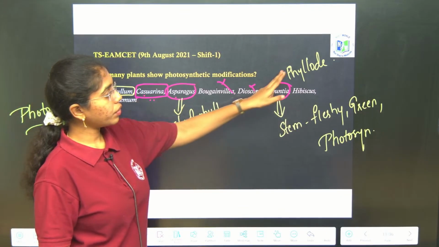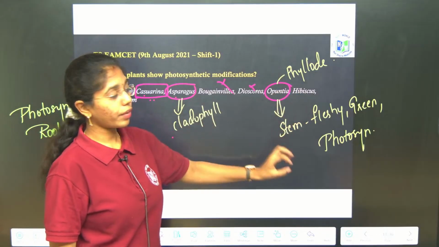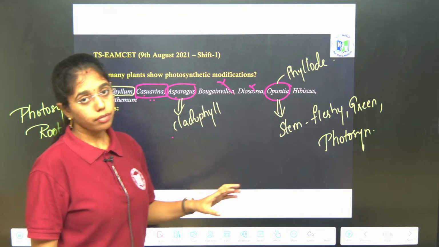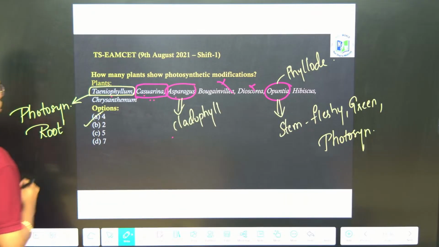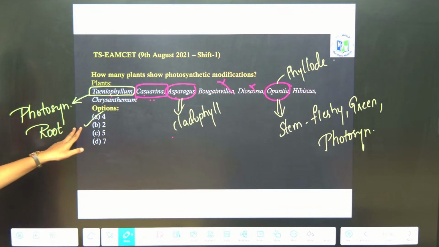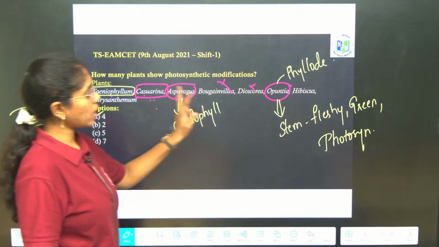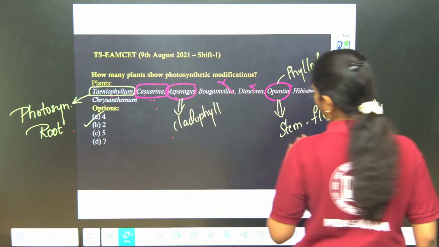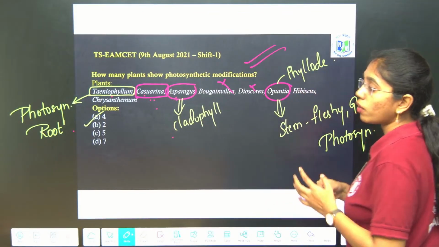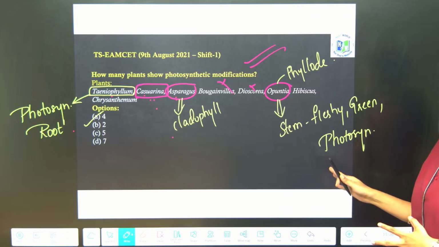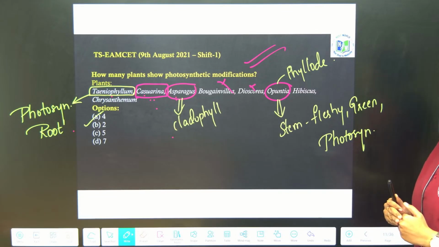So, Opuntia is again phylloid where stem is modified to fleshy green and photosynthetic in function. So, here it is option A, that is 4. Total 4 amongst these are photosynthetic modifications. Note it down clearly ma, you can take screenshot of this and keep it in a separate folder where revision will be easy for you people. Okay.